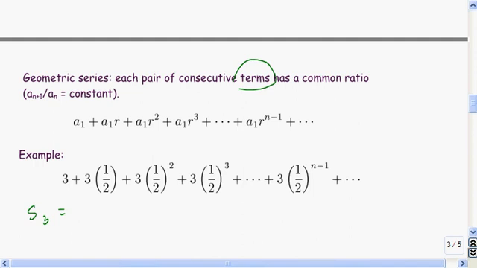Okay, so you should have gotten 5.25. So it's 3 plus 3 halves plus 3 fourths. If you do that out, you're going to get 5.25. Right, why don't you press pause while you find S sub 4.